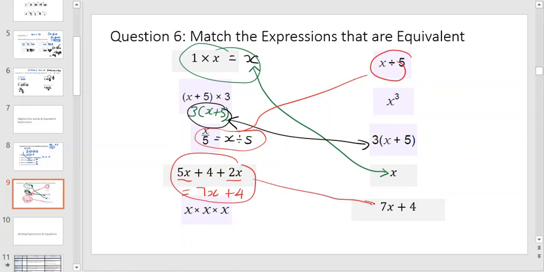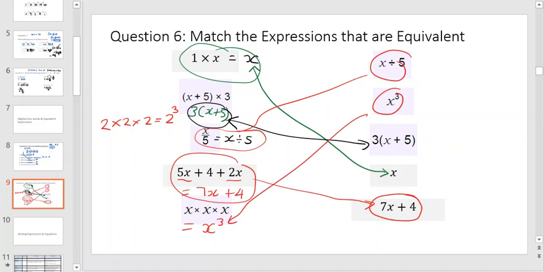Yes, there it is. So those 2 are equivalent expressions. They look exactly the same, and they are the same. And the last one, x times x times x. I know if you remember going back to powers, if I have 2 times 2 times 2, that could be written as 2 to the power of 3. Okay? So x times x times x can be written as x to the power of 3, and there it is. Its equivalent is just there.